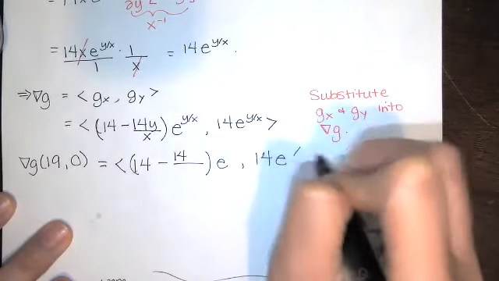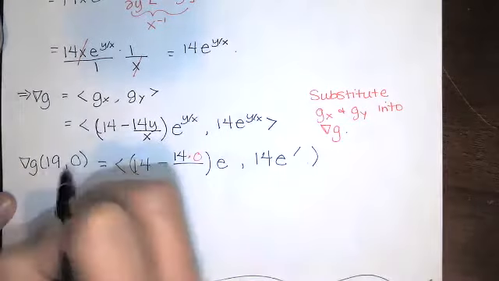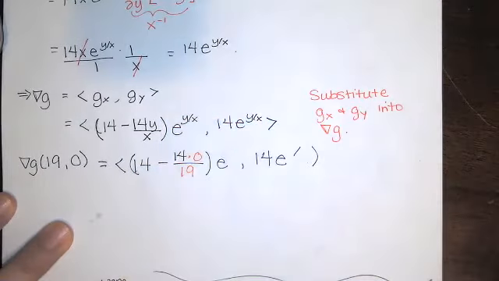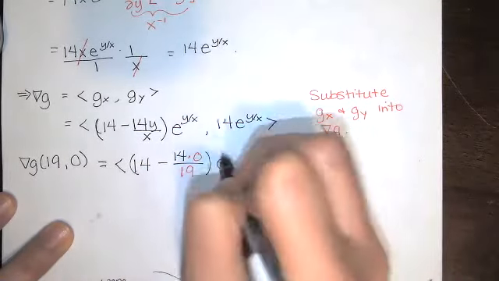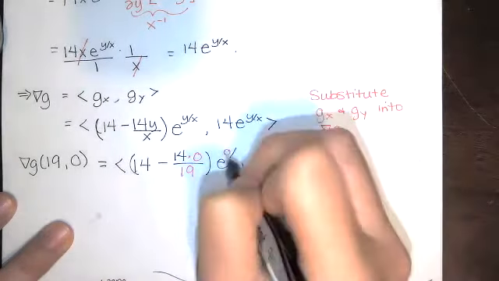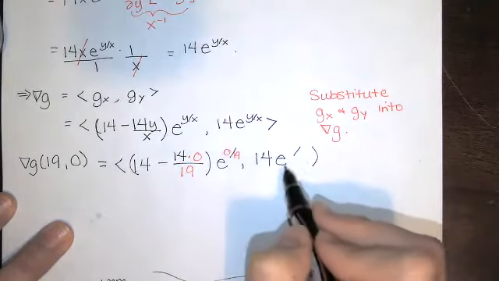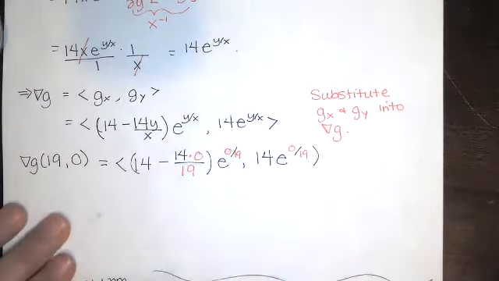Just in case, we are literally replacing y with 0 and x with 19. And this is e to the y over x, so that's 0 divided by 19. This is 14 times e to the 0 divided by 19. And of course, e to the 0 is 1.